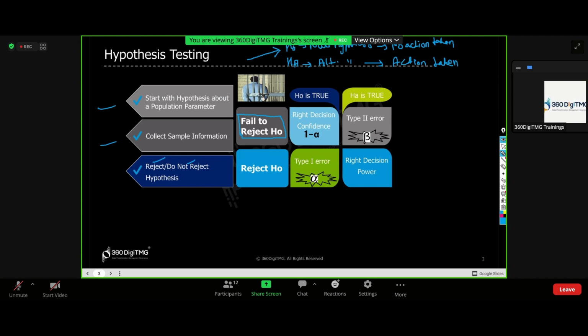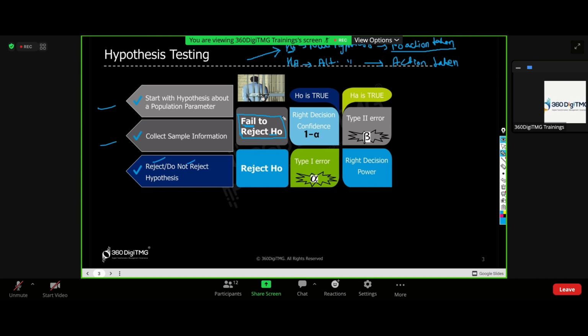If you are rejecting this, then obviously you are considering the alternate hypothesis, or vice versa. But here it is saying fail to reject H naught. We are not rejecting, we failed to reject it. It means no action has been taken.